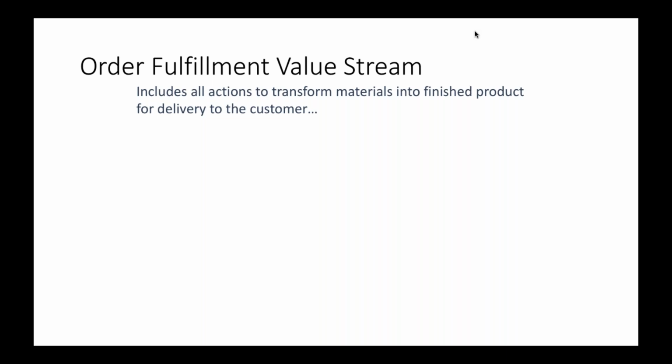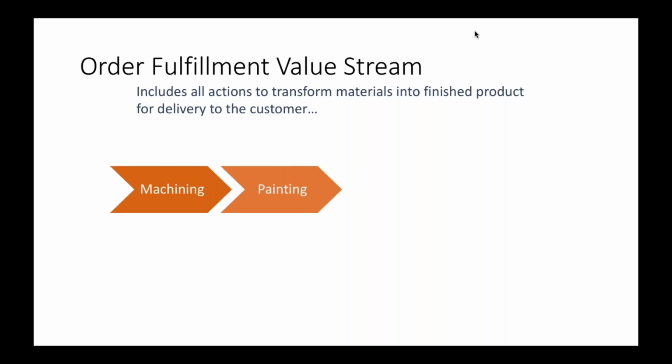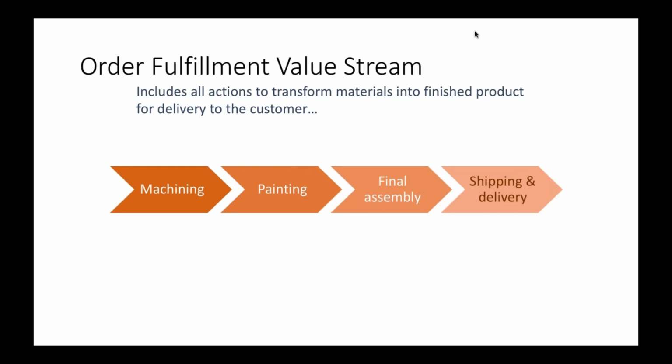So, for example, these are, again, just general manufacturing steps. It would include the machining process, the painting process, final assembly, and then shipping and delivery. So whatever your manufacturing process is, these are the primary steps of transforming materials into finished products.